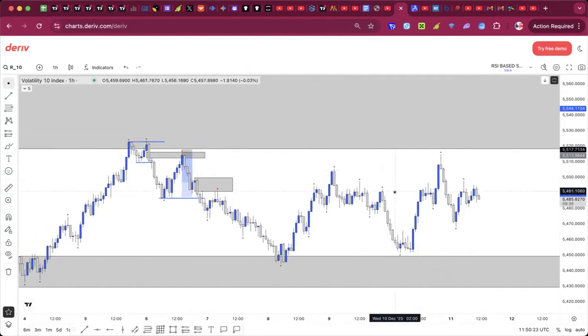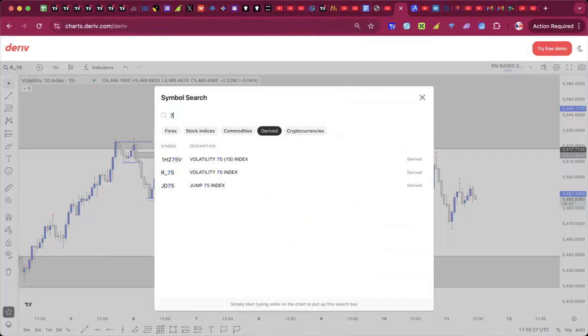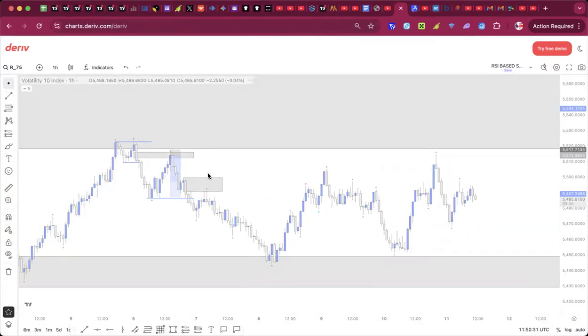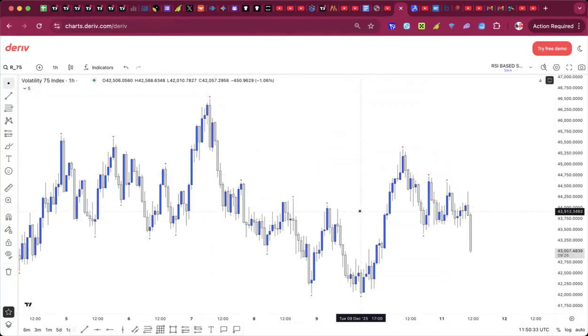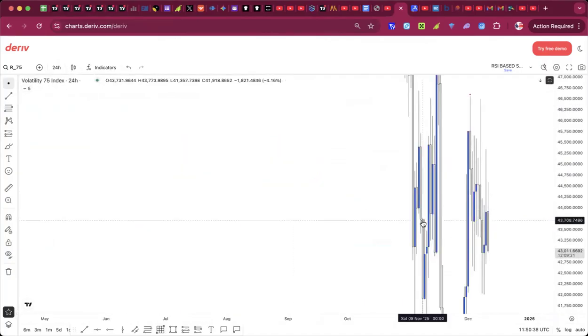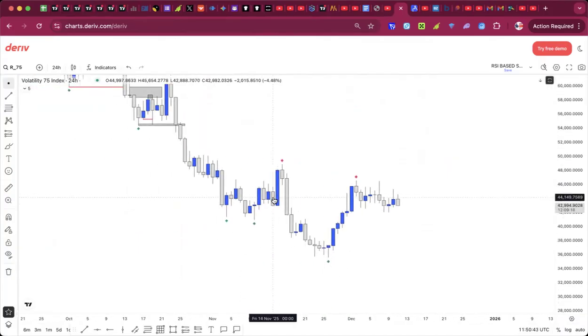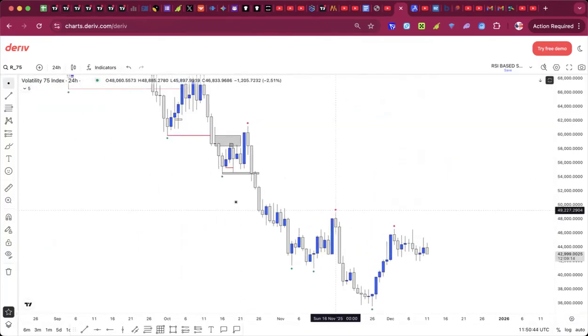So first of all, we say we go to a higher time frame. So let me take popular instrument 75. Where is it now? 75. So we go on the daily time frame just to have an idea. So you can see overall trend of this market is still downtrend.